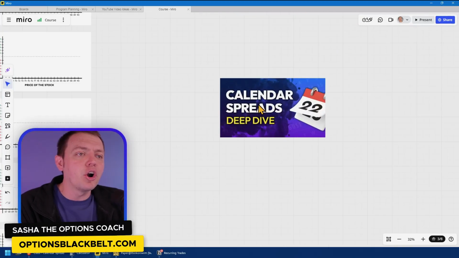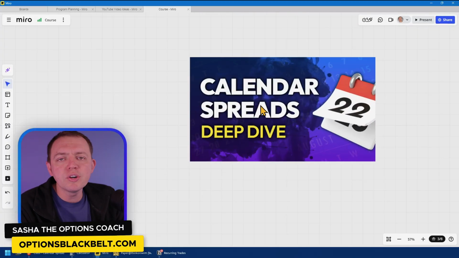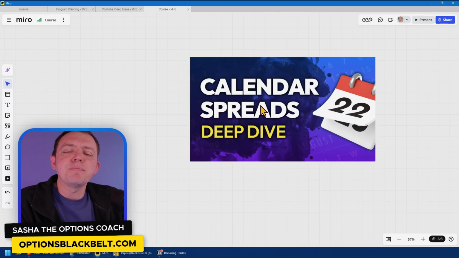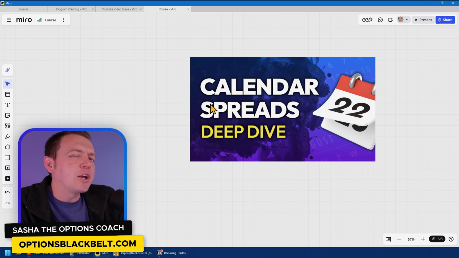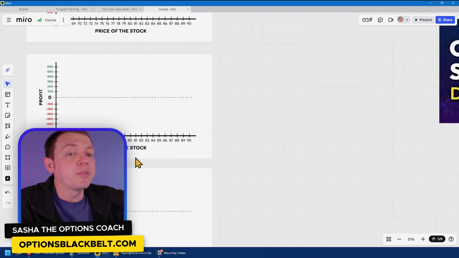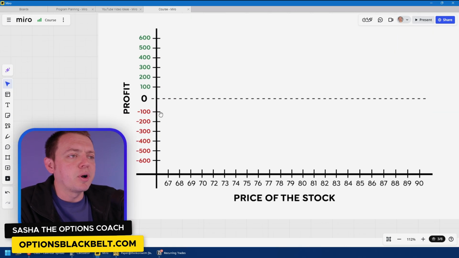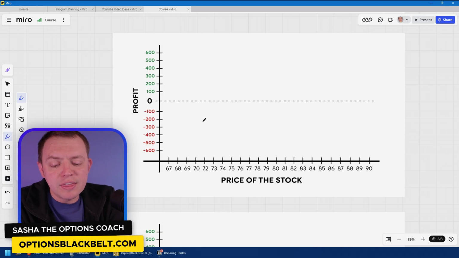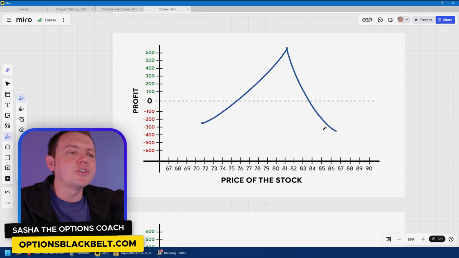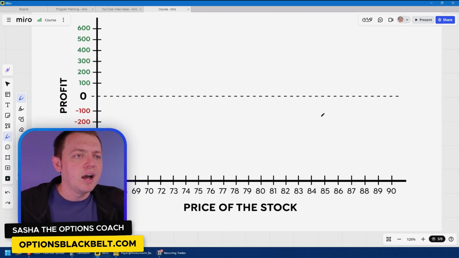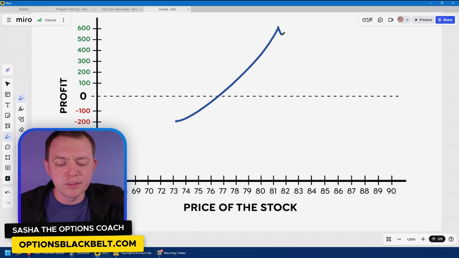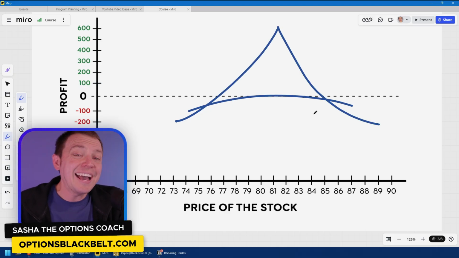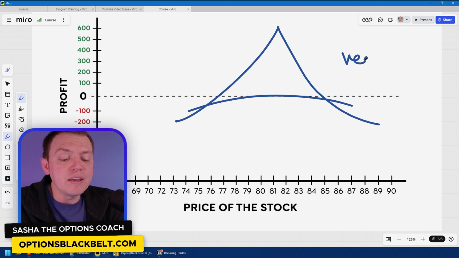Anyways, the thing regarding calendar spreads is that a lot of people are thinking about it incorrectly on how you profit from them. Most people assume that a calendar spread, depending on what type it is, is a theta-based trade. Now, in theory, it is theta-based, but the way the calendar actually makes money, let's say we've got this calendar spread on this risk profile picture, is in a lot of cases more of a Vega-based trade.